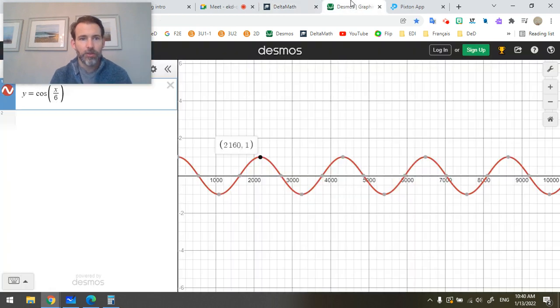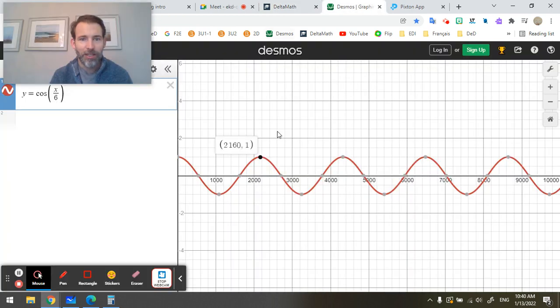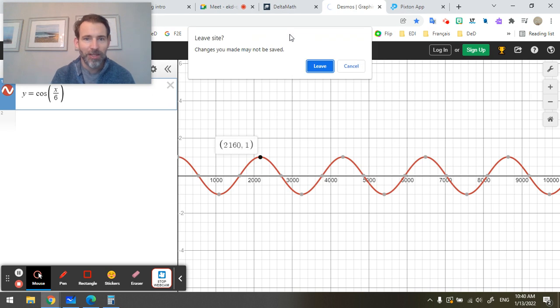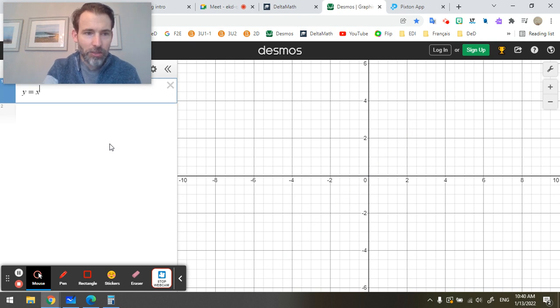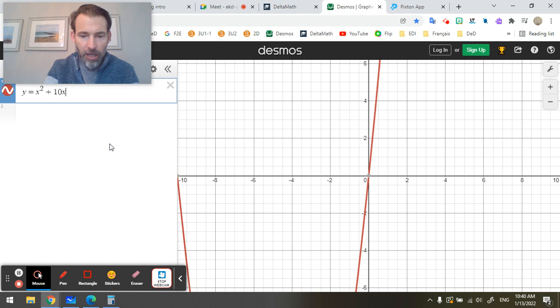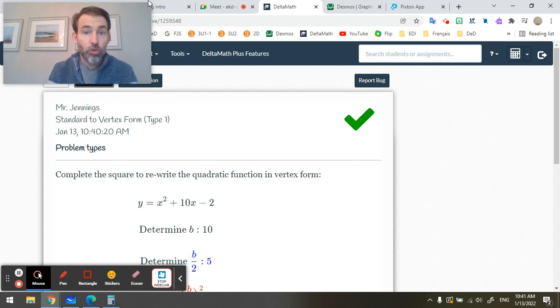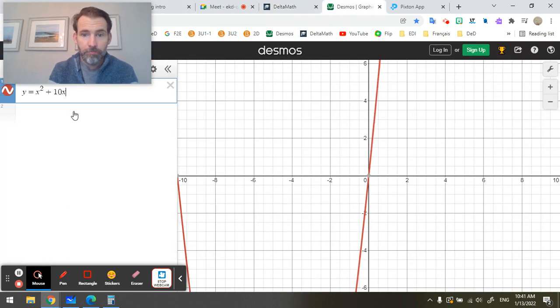Okay, let's take a look at it. What if I use the, I'm just going to get this done graphically method. I open a fresh Desmos without creepy looking squiggles. And I say y is equal to x squared plus 10x minus 2.